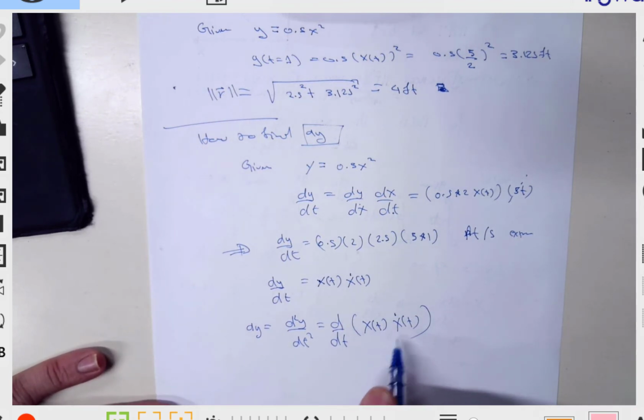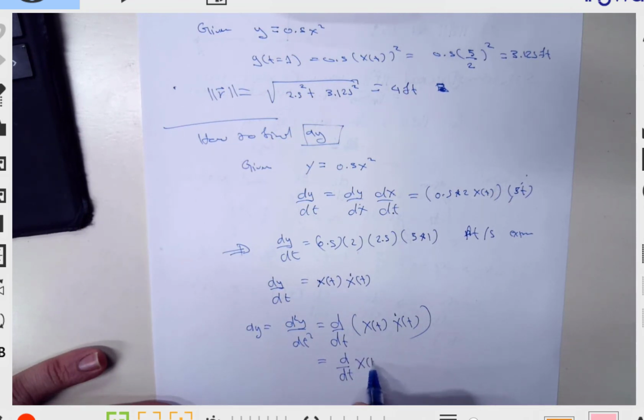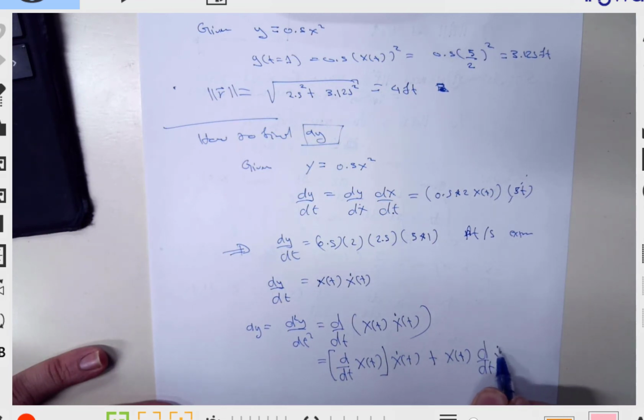So I'm going to need to apply the product rule. This is equal to d over dt of x of t, times x dot of t, plus, if I fix this, d over dt of x dot, which is x double dot. So this is x dot times x dot plus x times x double dot.